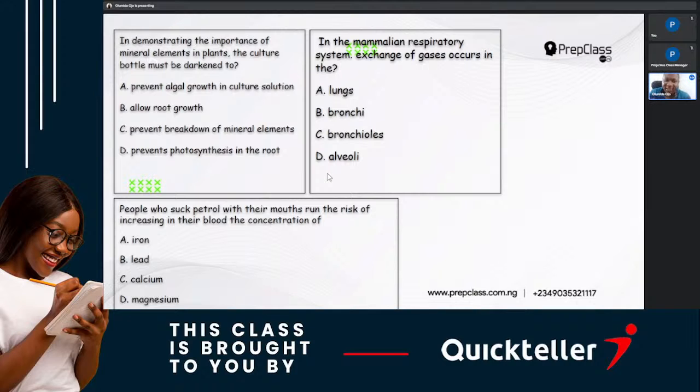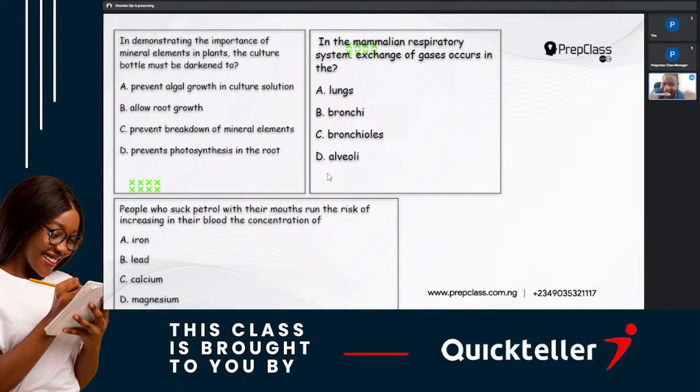But lead is gotten from petrol: fumes of petrol, discharge of petrol, waste product of petrol. Maybe you have someone that is using a petrol engine and the waste is coming out. Everything you see coming out, most of it is lead.